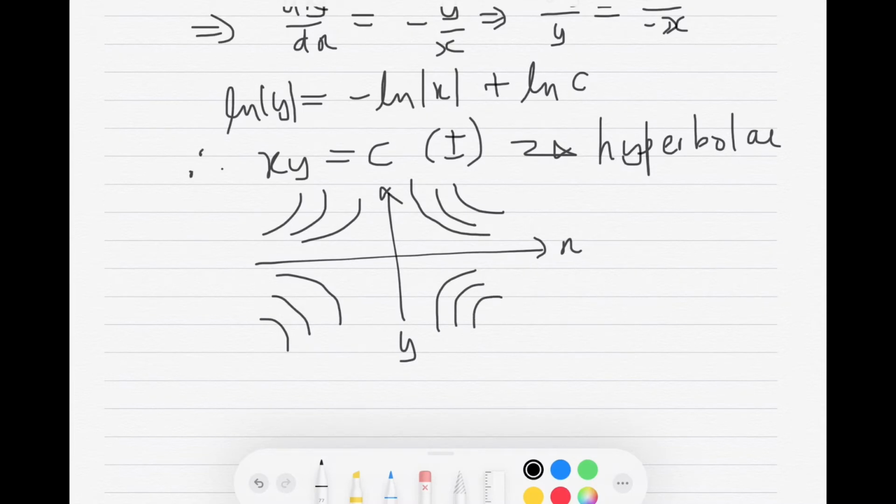What we need to be careful about here are the profiles. We've constructed this hyperbola, but what we need to also be aware of are the directions that these hyperbolas take. And that we need to do separately.